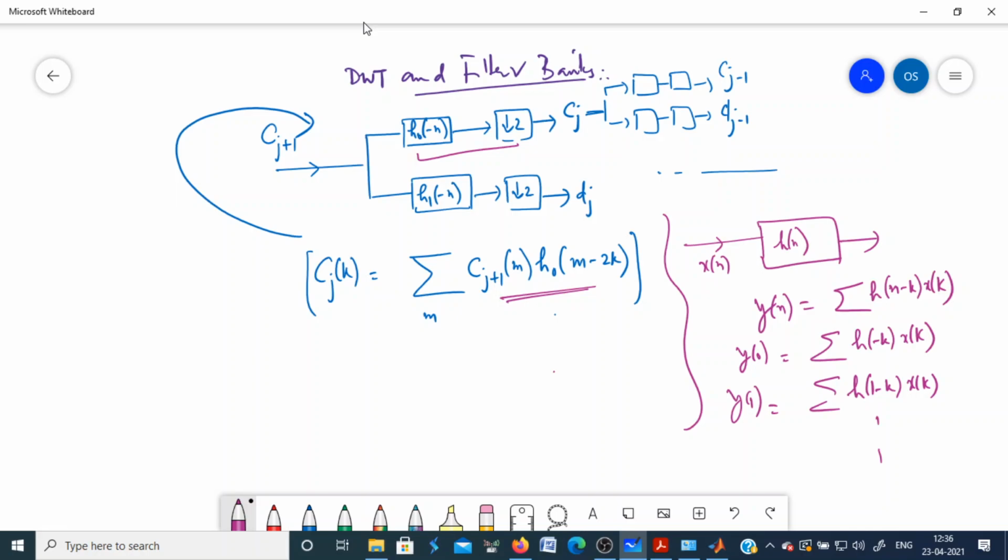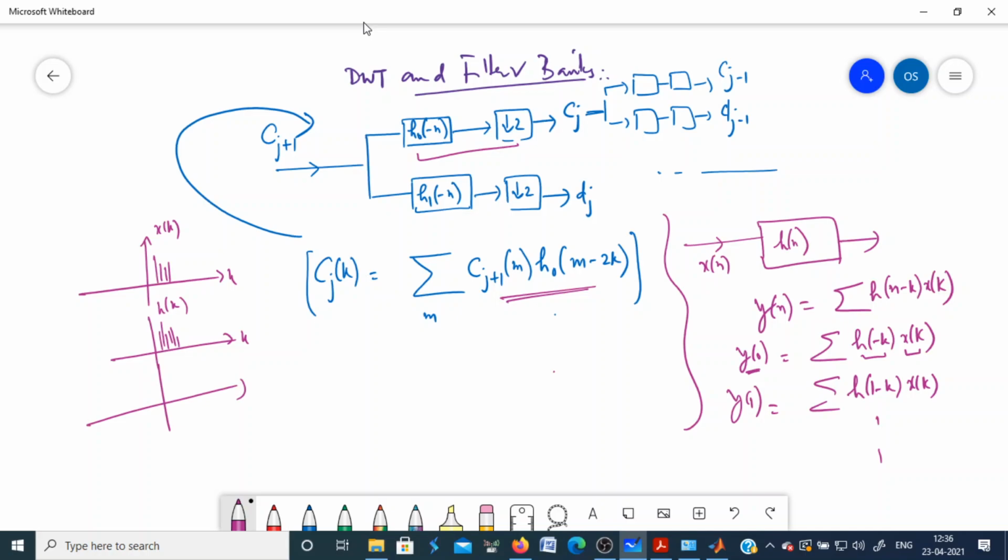When you compute the first sample of output, n is equal to 0, you multiply x of k with h of minus k and you add all these samples together. It means you fold one sequence. So if this is x of k and if this is my h of k, some sequence, how do you get y0?